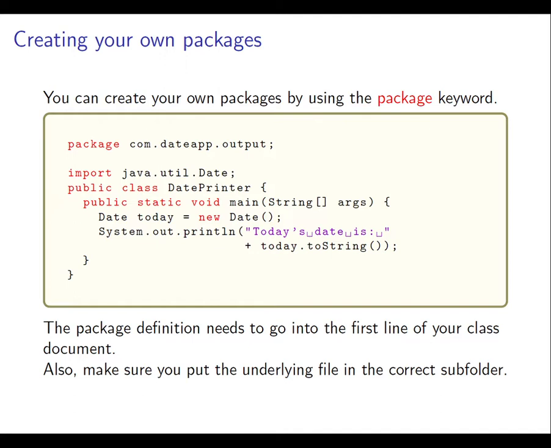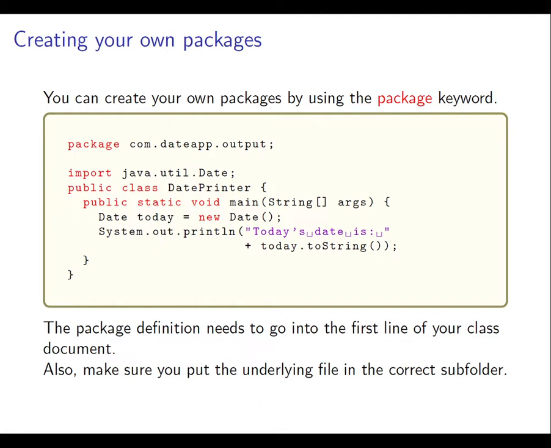So that's how to use packages. What happens when you want to create your own package? Well, you just need to use the package keyword. The package definition goes in the first line of your class document, your Java file. You should make sure that you put the underlying file in the correct subfolder.